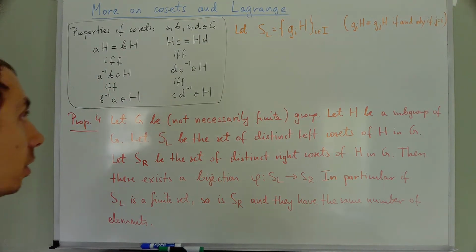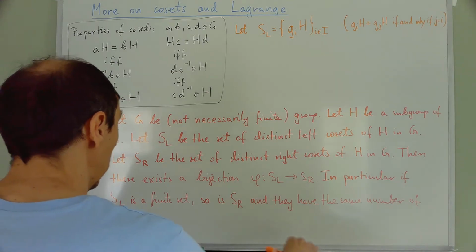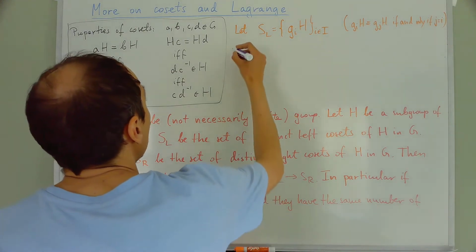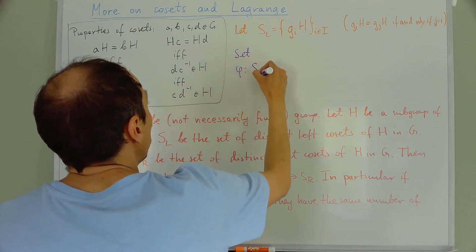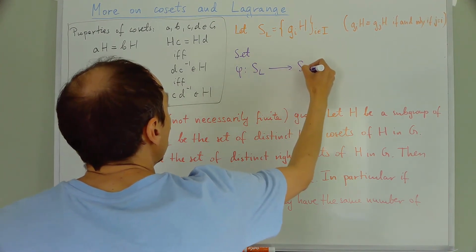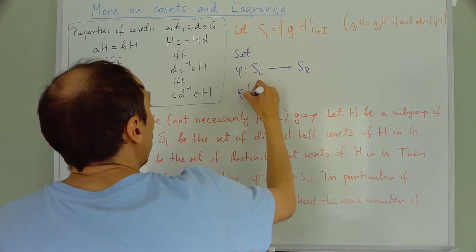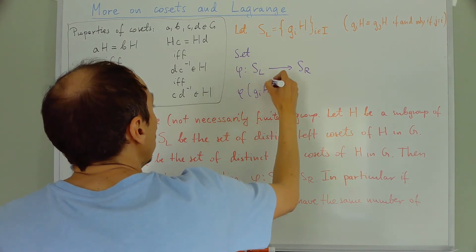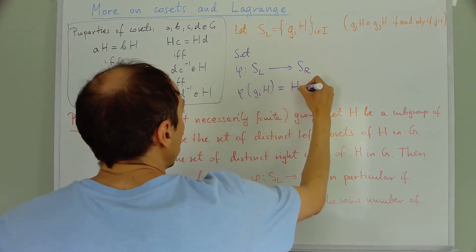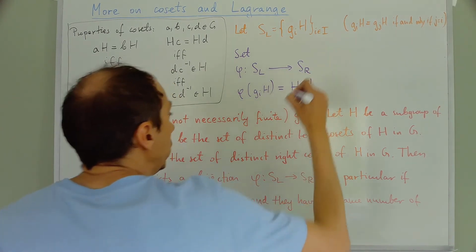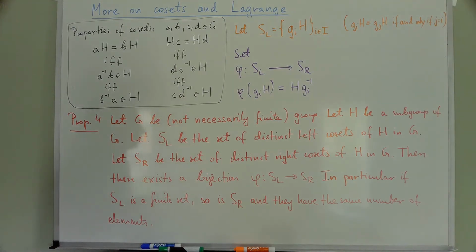Okay, and I'm going to construct a map. I'm going to set phi from SL to SR to be phi of a left coset to be equal to this right coset.